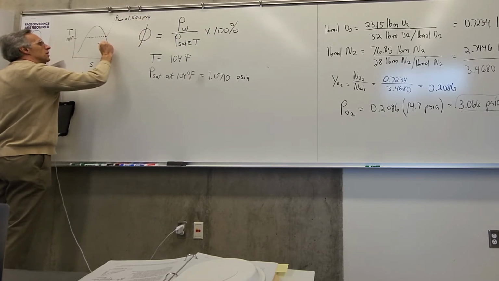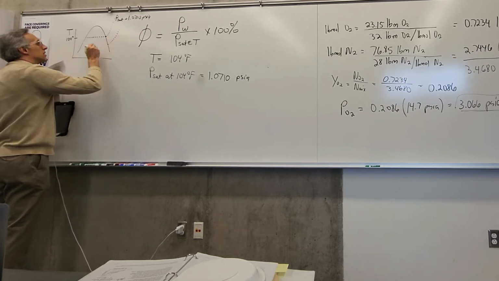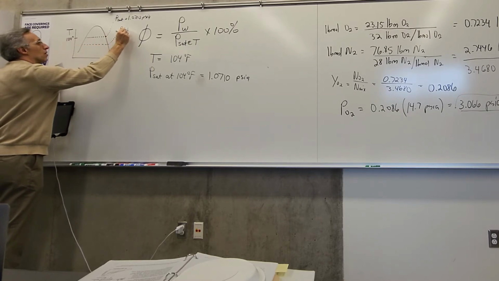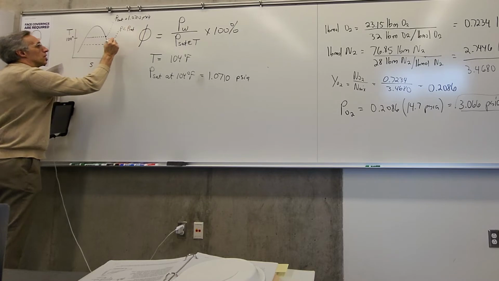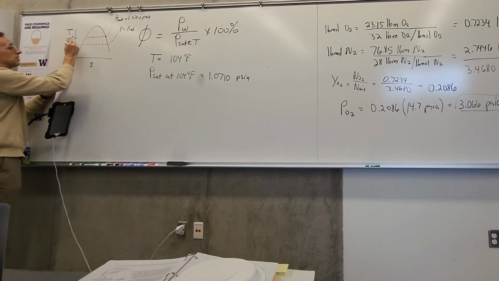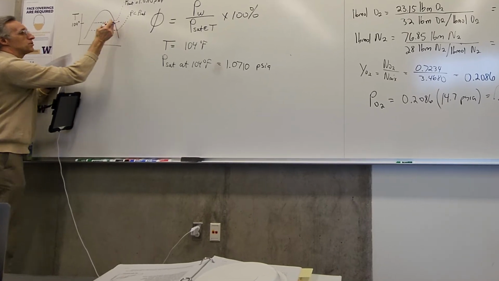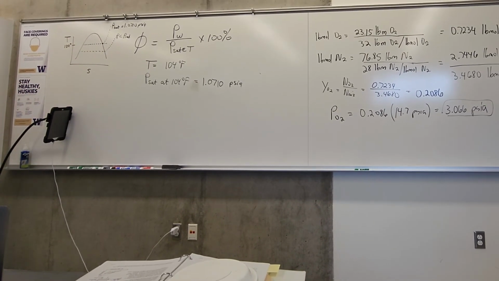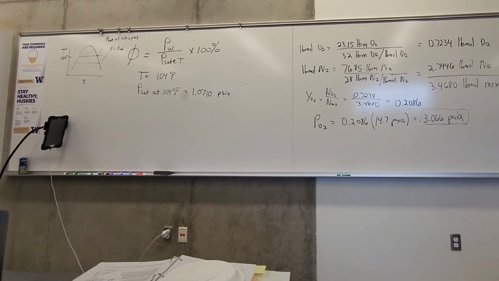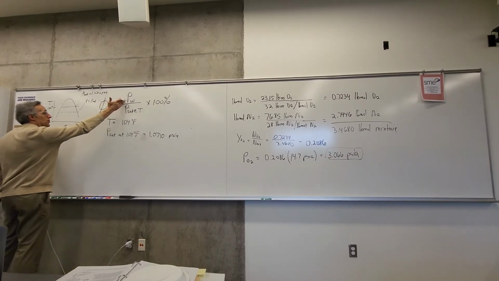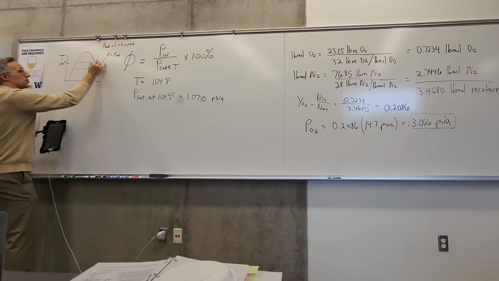And as we go down in pressure, so if we reduce the pressure keeping the temperature constant, we would go that way, and we become superheated, right? And that's where our actual pressure is. Our actual pressure is going to be somewhere out here.